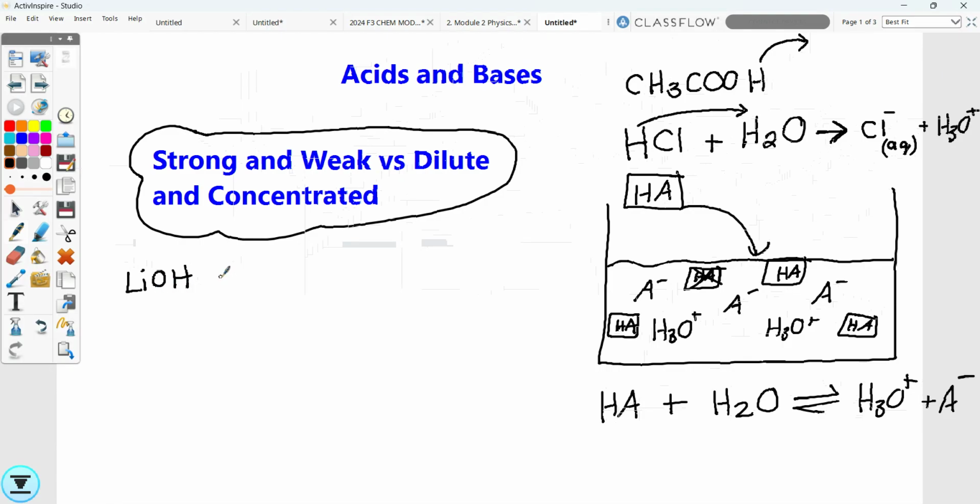And for the bases, they don't ionize. So you must not write plus H2O. Whenever it's a hydroxide, you're just going to show that they split up. If you want to, you can write the water on top of the arrow, but you don't even have to do that. So when this hits water, it's going to split up into an Li plus ion and an OH minus ion. And the splitting of an ionic substance into its ions is called dissociation.